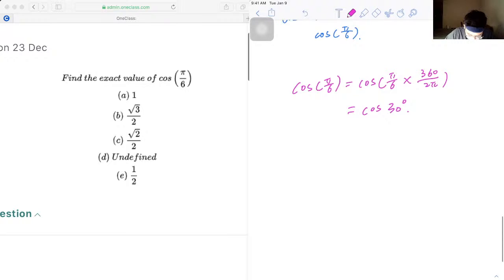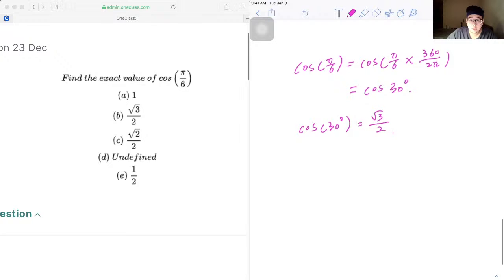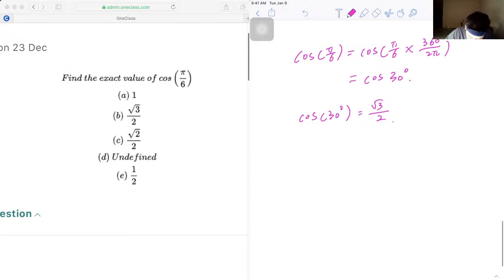And in trigonometric functions, we know cosine 30 degrees is equal to root 3 over 2. So the answer should be B. Let's write the conclusion: therefore, option B is correct.